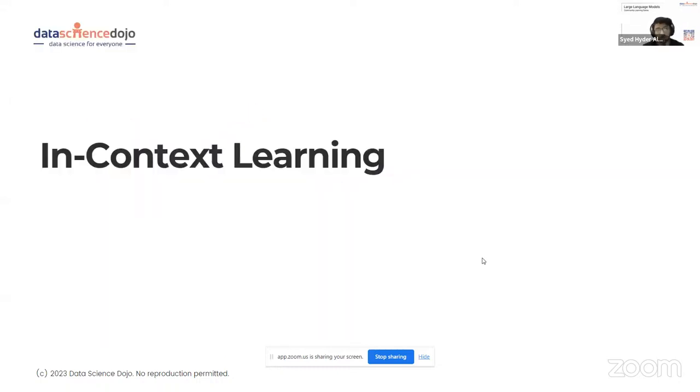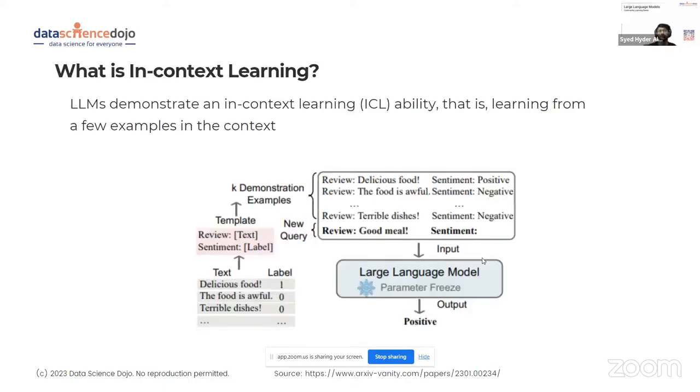So let's start with what in-context learning is. Large language models demonstrate in-context learning, the ability to learn from a few examples. Here we have some text, like "delicious food" and "the food is awful, terrible dishes", and we have labeled them. These are the few examples we are giving to our LLM, and then in the end we give our input query, for example asking for the sentiment.